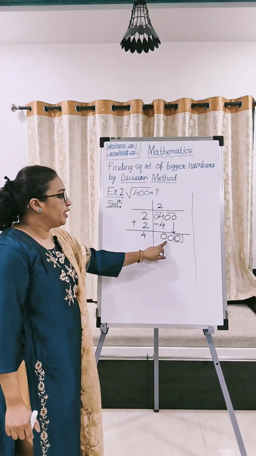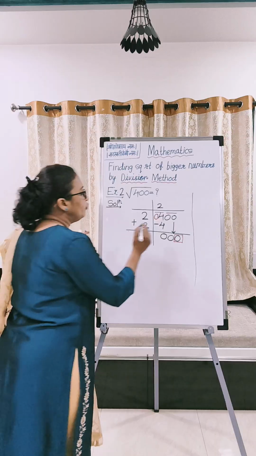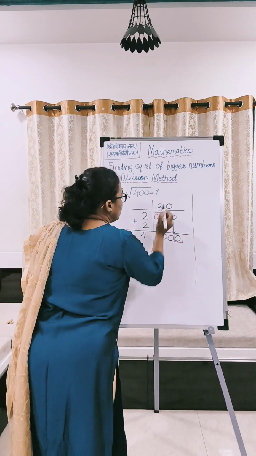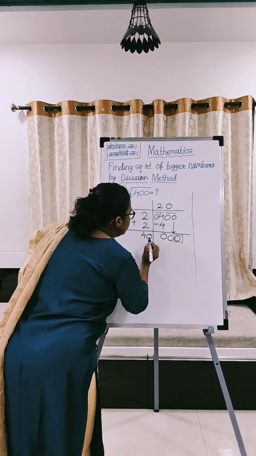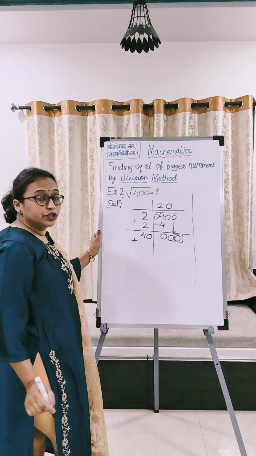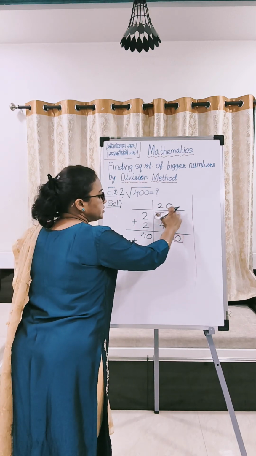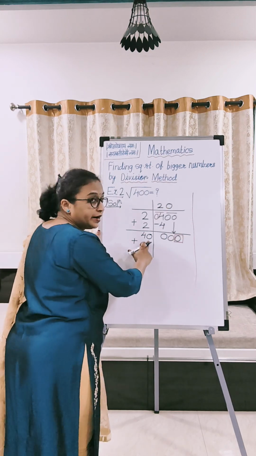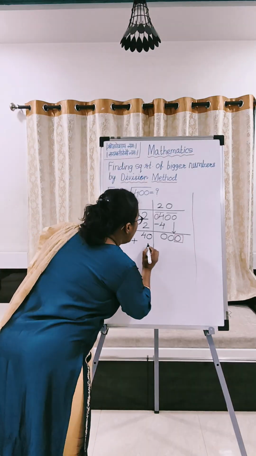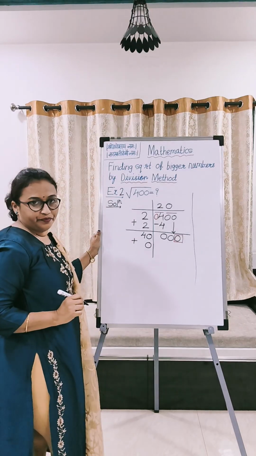Now consider only 2 zeros. Now we are going to divide these 2 zeros by this 4. Now we know that 4 0s are 0. So we are going to write down 0 three times, here at the quotient's place, then here at the divisor's place, and one more time below this 0.